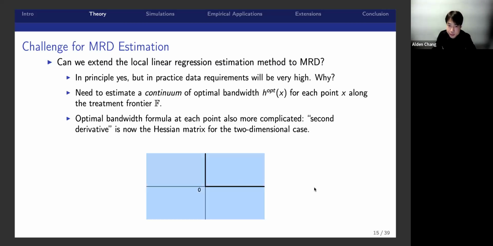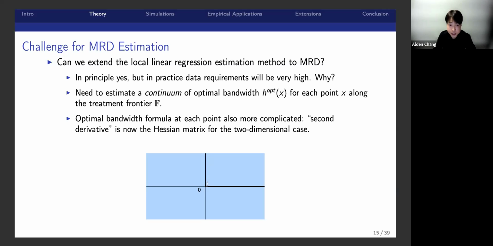let's return to this figure where I have the treatment frontier, which is the threshold in multiple dimensions, bolded. Remember, in the single dimensional RD case, you needed to estimate an optimal bandwidth at a single point at the threshold, but now in a multi-dimensional case, you basically need to estimate a continuum of optimal bandwidths, an optimal bandwidth at every point along this treatment frontier.